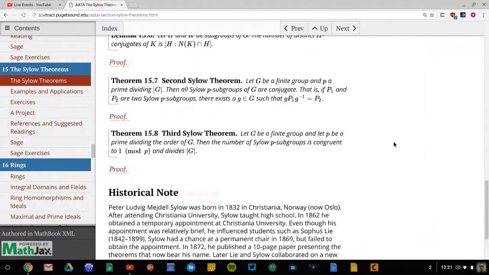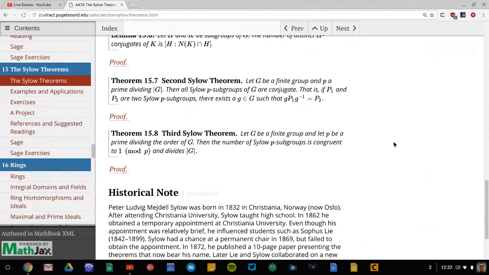The third Sylow theorem describes the number of them that there are. Now, it doesn't just tell you exactly what the number is, but it gives you conditions that the number has to satisfy. They're very interesting, number theoretic type conditions. Okay? So if G is a finite group and P is a prime dividing the order of G, there are Sylow P subgroups in G. The number of them, there are two facts about it. Number one, it divides the order of G. That's interesting.